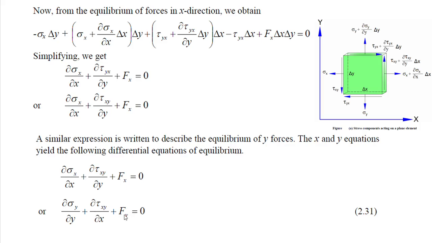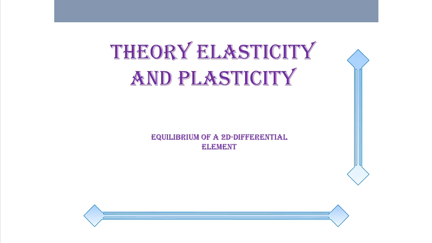These two are the differential equations of a two-dimensional body, the 2D differential equations. We use these two equations to solve two-dimensional problems. This is about the equilibrium of a 2D differential element.